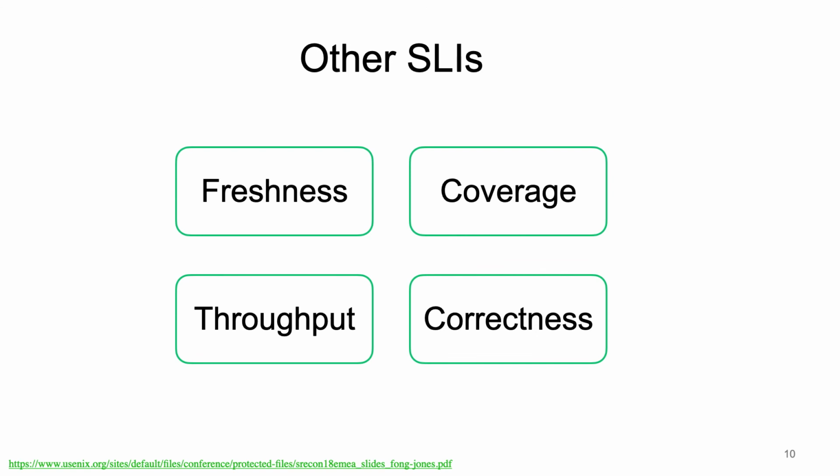Or coverage, how much of the data you are getting covered when you do batch processing? Or throughput, which is a complement of your latency. Correctness, how many of the valid requests are served correctly, and so on and so forth. So based on your given system, you need to identify the type of SLI and then start preparing SLOs.